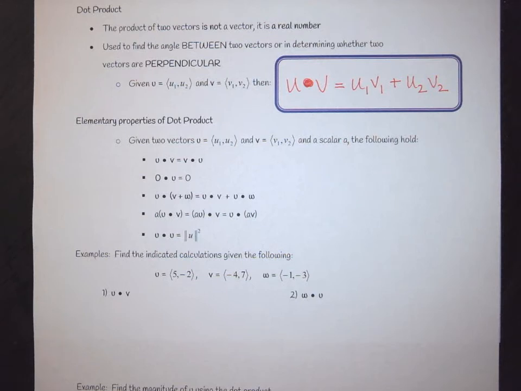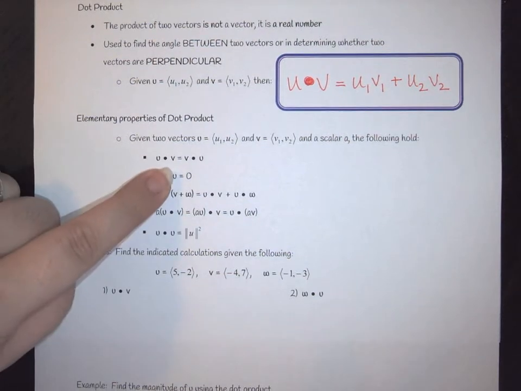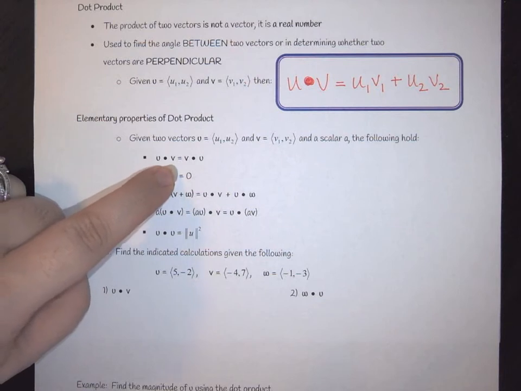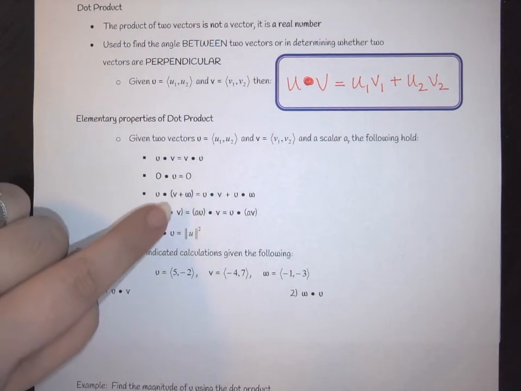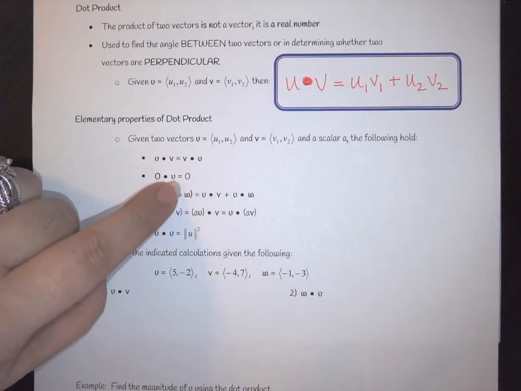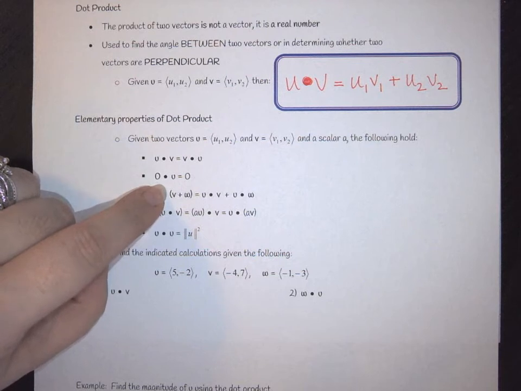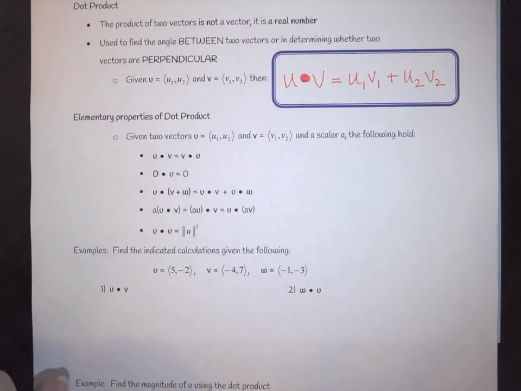So for example, the dot product going one direction is the same going the other. So if we have u dot v, that's the same as v dot u. If you take a vector and use the dot product with 0, you're going to end up with 0.